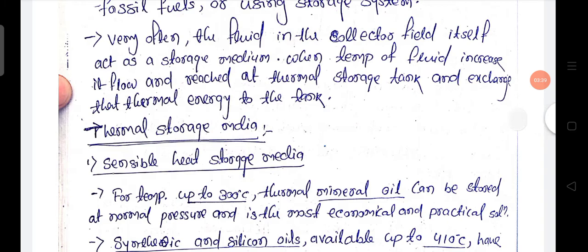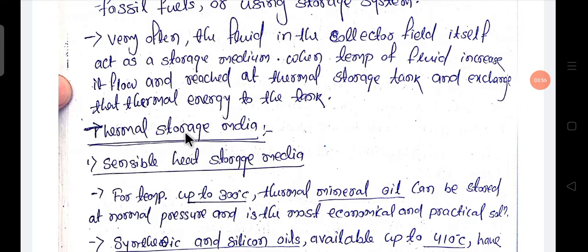And for that storage tank, the thermal storage media, the spelling mistake is there, media, correct that.